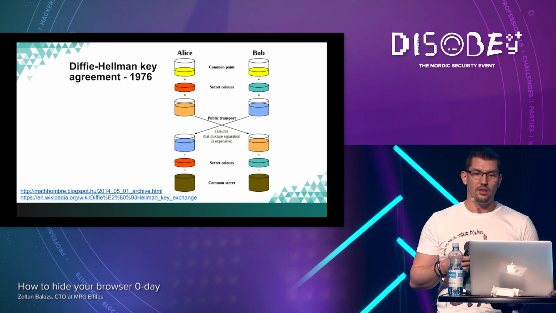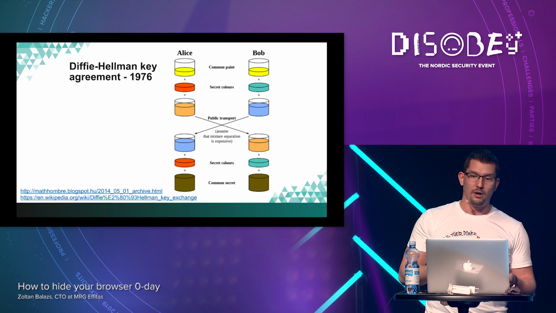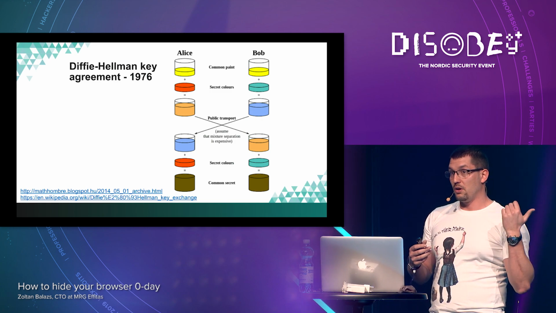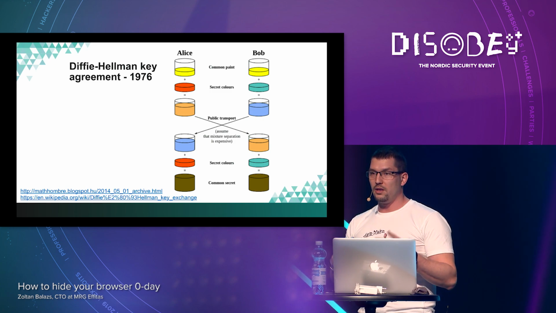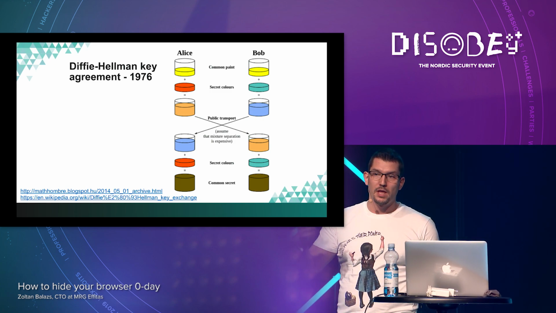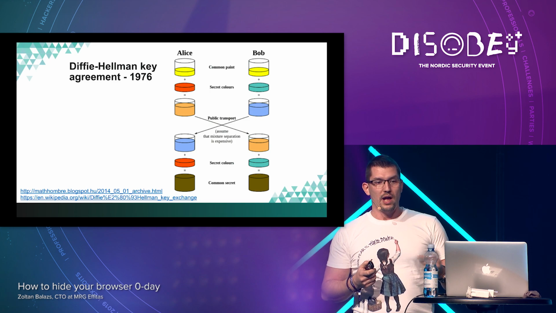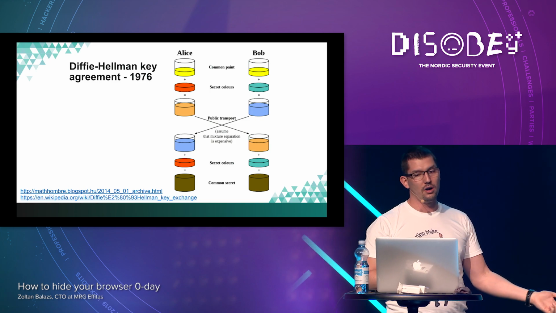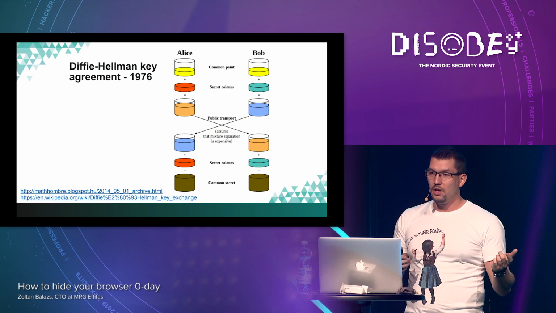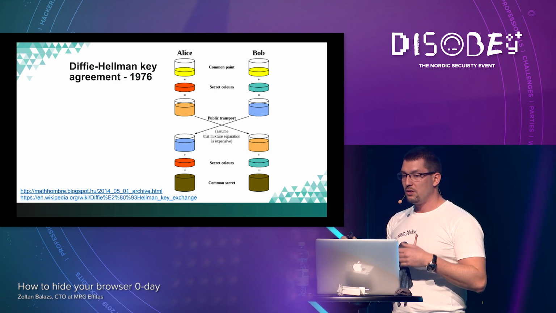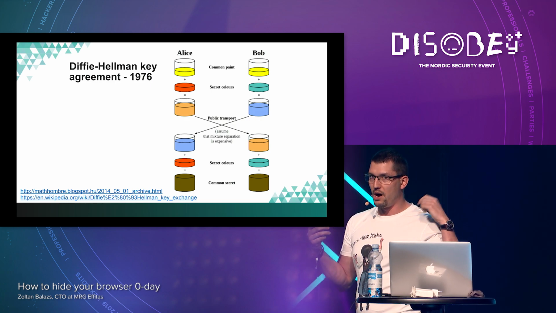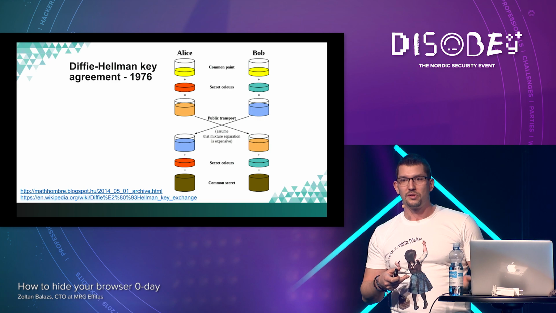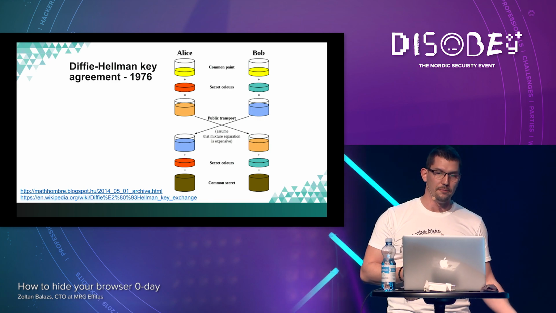So let's say that if you see this brown color and this blue color, and you know that yellow is the common color, you have no idea what the secret colors were. Now, if both Alice and Bob add their own secret color to this mix, they will see the same color, which is brown in this example. And this is a color which they can use as a common secret from now on, right?